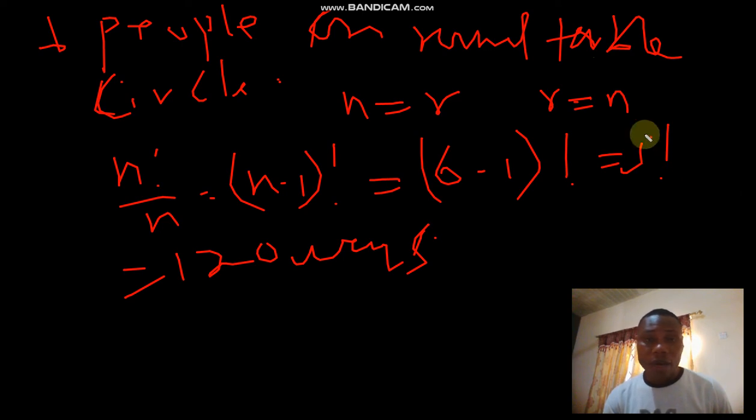Let's look at how that will be done. So let's continue in the next video so that we'll look at how the B part of this question will be answered if 2 people must sit next to each other.